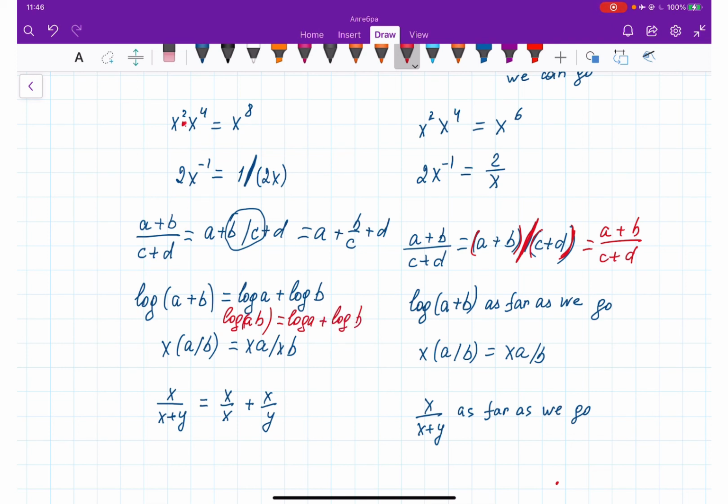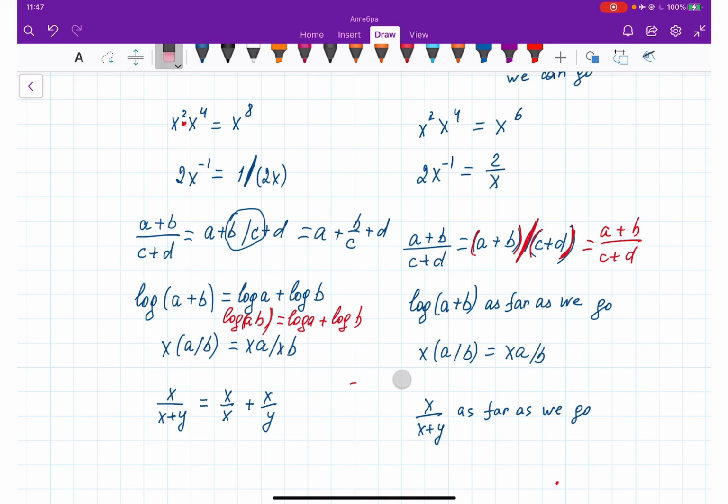Otherwise, if I would write, let's say, log A and B, that could be interpreted as logarithm A times B, and B would have nothing to do with log, but it's wrong because B is supposed to be under the umbrella of logarithm. Okay?